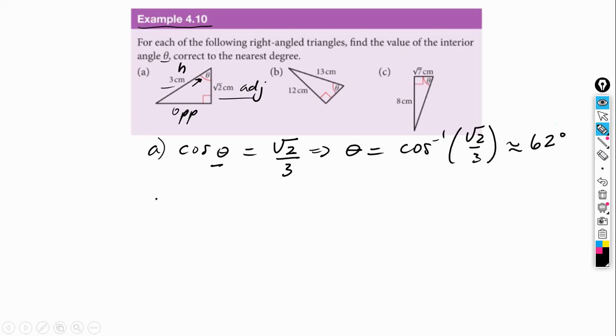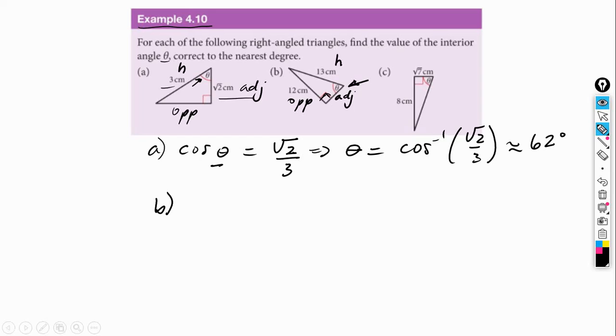Now let's take a look at B. So here we have the angle, and notice that this is the 90-degree angle as well, and that means that this is going to be a leg that is adjacent to the angle. This is the leg that is opposite, and this is the hypotenuse.